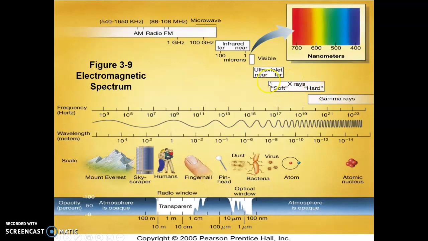This is why you can take a picture of the inside. You can take a picture of your bones, because these X-rays go through the soft tissue, get absorbed a little bit by the harder bone tissue, and so you can take pictures of bones and things. And then you have really, really short wavelengths of gamma rays, which will go right through your body. But if they interact with atomic nuclei, they can cause real damage, right?